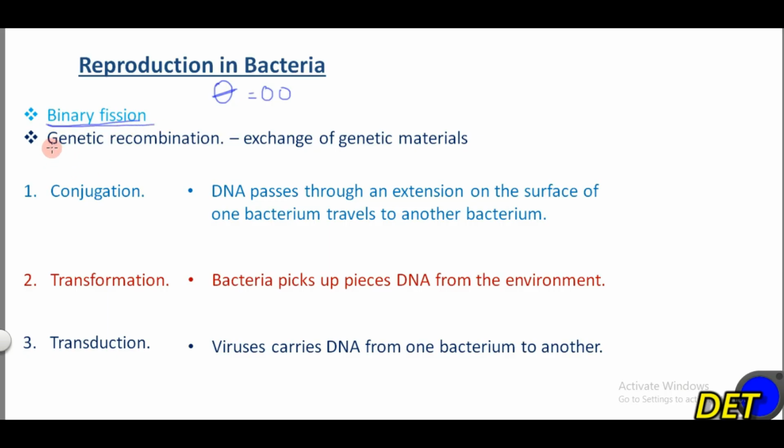They can also undergo what we call genetic recombination, and this involves exchange of their genetic material. Genetic recombination in bacteria, or in the kingdom Monera, could be by conjugation, by transformation, or by transduction. By conjugation means that the DNA passes through an extension on the surface of one bacterium and travels to another bacterium.